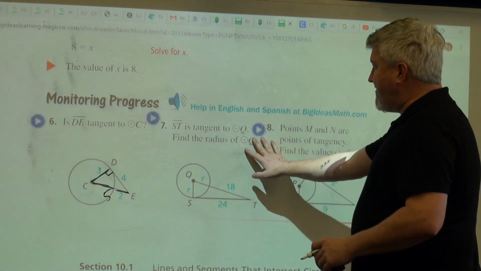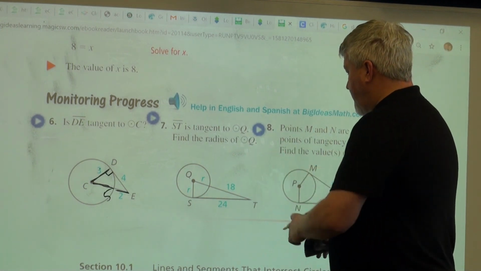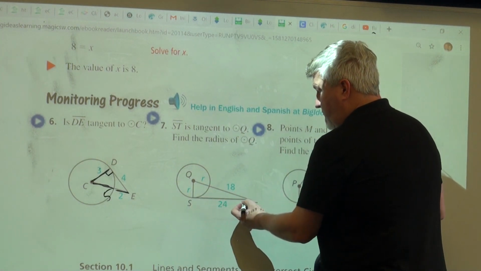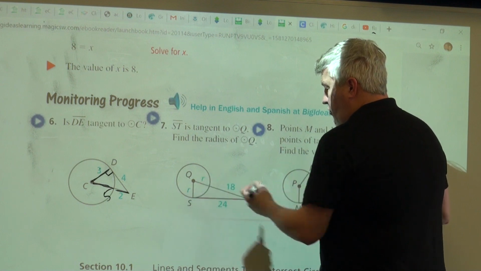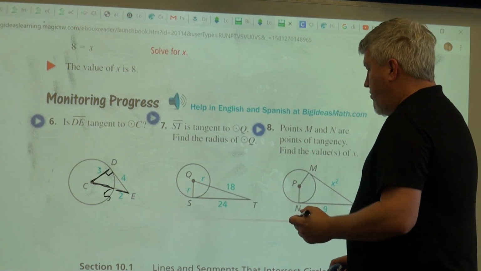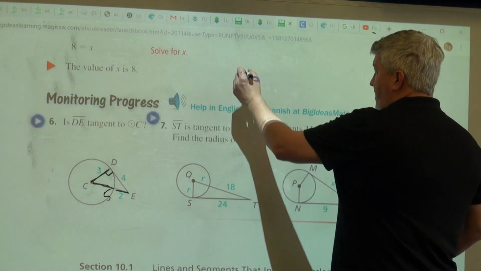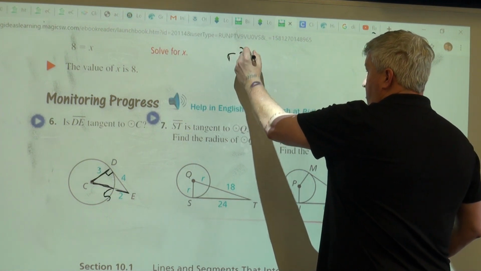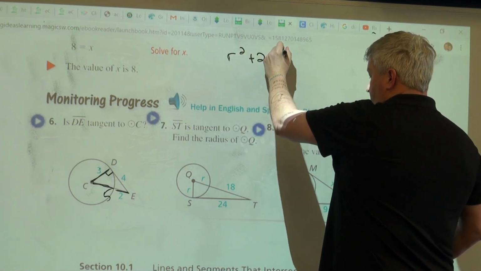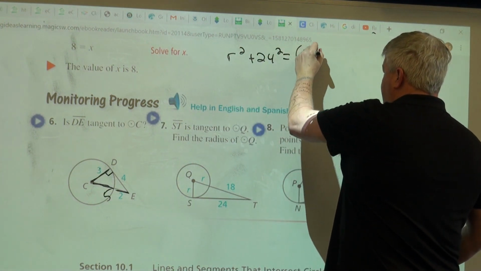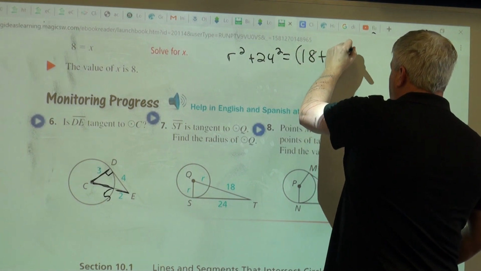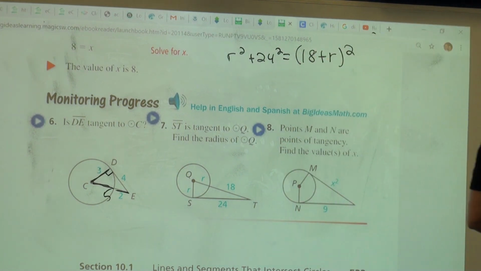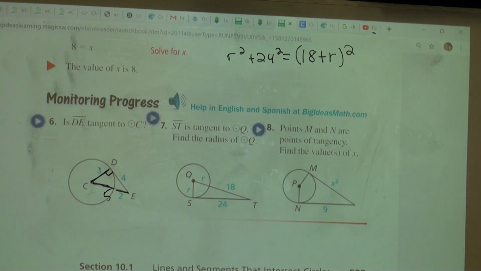Number 7, ST is a tangent to Q. Find the radius of Q. So, again, we're using Pythagorean's theorem. I have r squared plus 24 squared equals, in brackets, 18 plus r, the whole thing squared. Now I get my calculator, the thing I hate to do, but I have to do here.